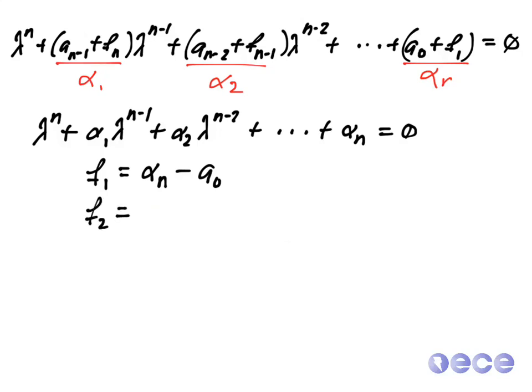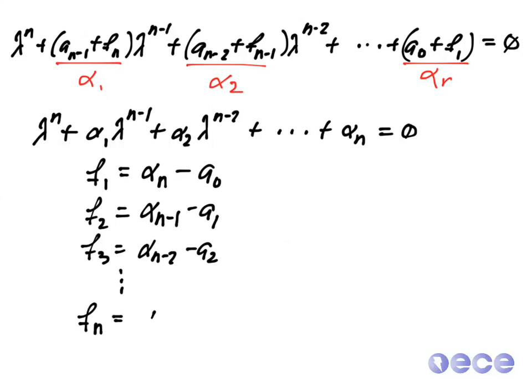F2 will be alpha sub n minus 1 minus A1. F3 will be alpha sub n minus 2 minus A2, all the way until we get to F sub n, which will be equal to alpha sub 1 minus A sub n minus 1.